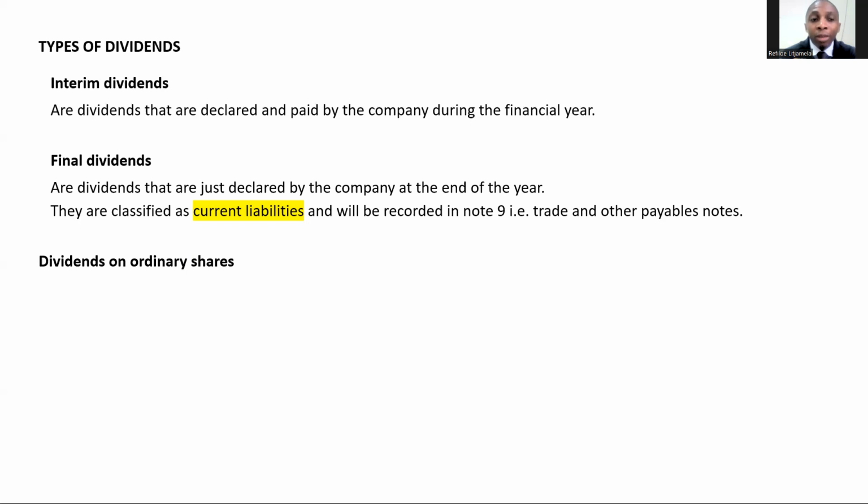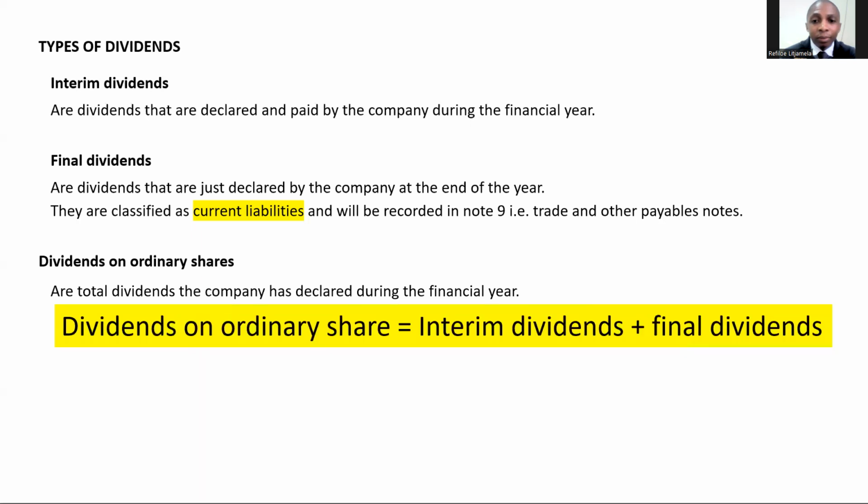Now, how many dividends does the company declare or pay in 1 year? It declares 2 dividends, which is your interim dividends as well as your final dividends. So we can safely say dividends on ordinary shares are just your interim dividends plus your final dividends. I hope you got that.